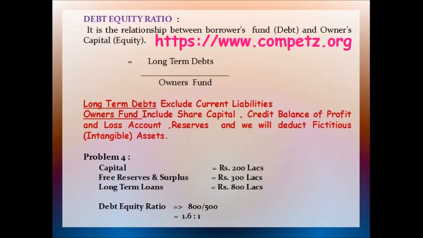So debt equity ratio comes under solvency ratio. What is debt equity ratio? It measures the relationship between debt and equity. Long term debt, remember, in liabilities I said long term liabilities, also known as your borrowed fund, comes here in the numerator. Long term debt, also known as borrowed fund or long term funds, divided by equity, shareholders funds.